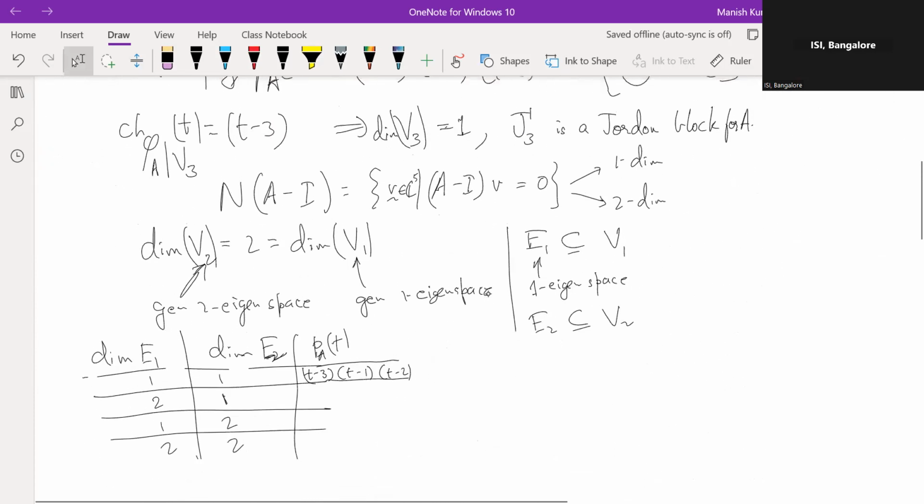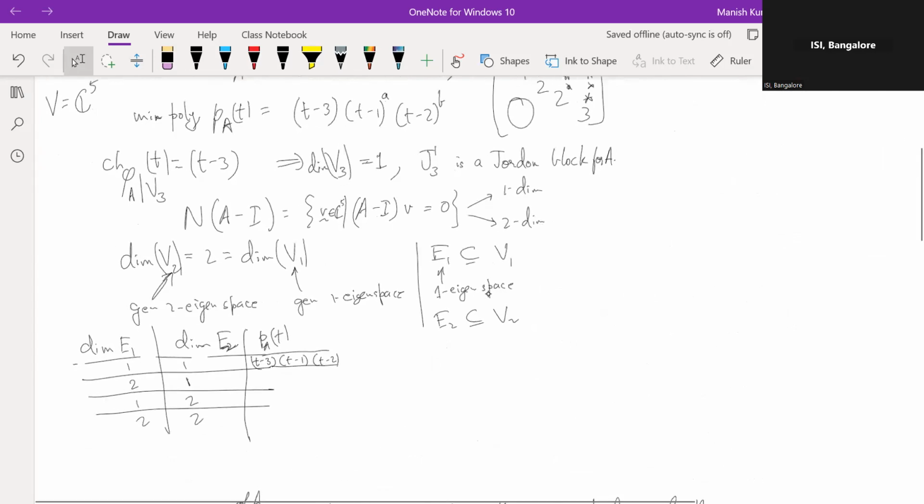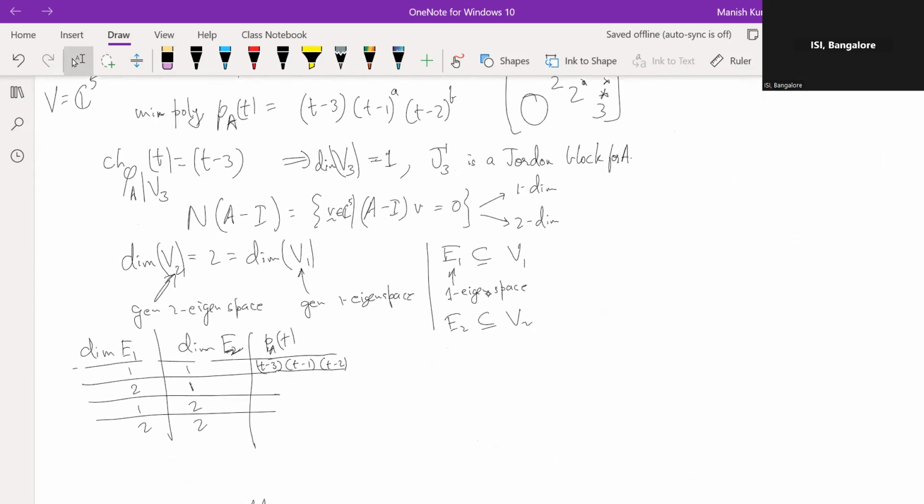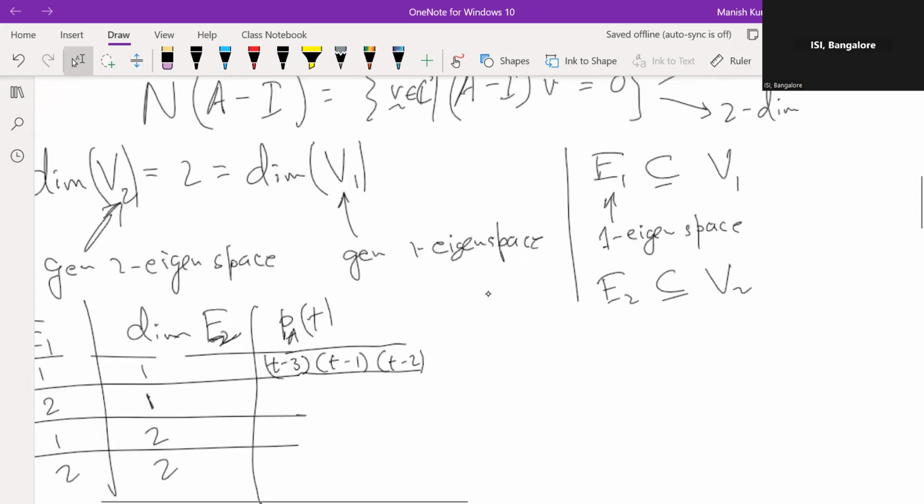In one case, what should it be? How many of you think it's 1? There are only 2 options, so I can take a poll. No one thinks it's 1, and how many of you think it's 2? 2 of you, and what about the others? They are not sure. So it is 2.